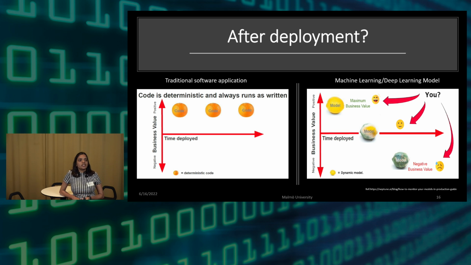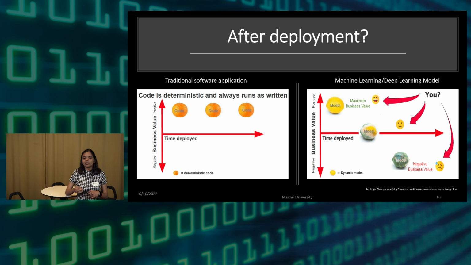Why? Because in this particular slide, you can see 2 pictures. Mostly in the case of a traditional software application, after rigorous testing and validation, once you have code in production, it always works as expected. But that is not the case for machine learning and deep learning models.